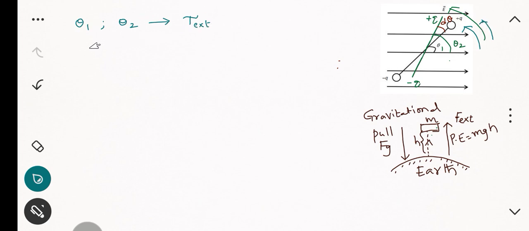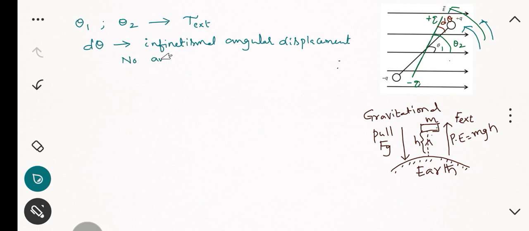Then d theta is the infinitesimal angular displacement and there will be no angular acceleration.